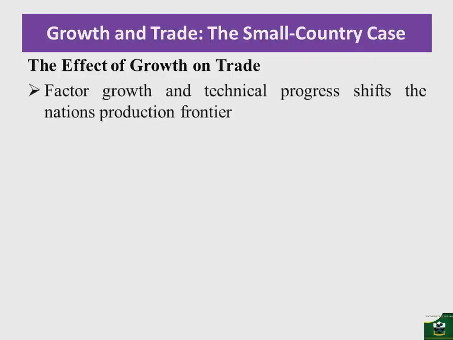If you have technical progress, or if technology improves, it means that the nation will be able to produce more units with fewer inputs or fewer resources. And if resources improve given the technology, then the nation will again be able to produce more. Therefore, factor growth and technical progress will tend to shift the nation's production frontier outward.